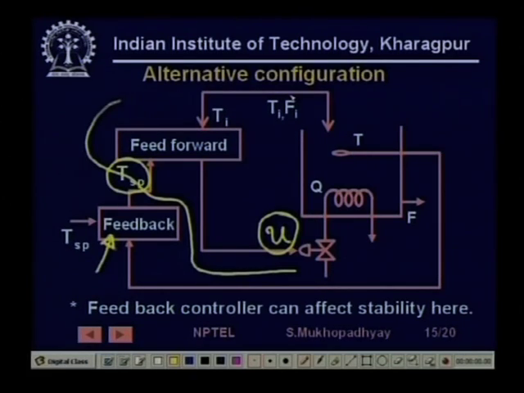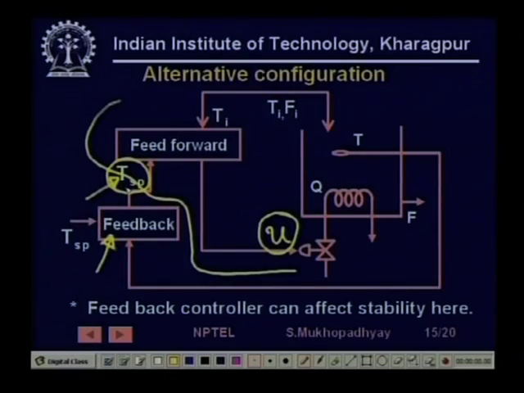Immediately there will be some error and due to that error the equivalent set point which is being provided to the feed forward controller will be raised. So the feedback controller will continuously, just like an operator, look at the feed forward control performance and gradually change the set point till the temperature is just right. So that is what is being done here.